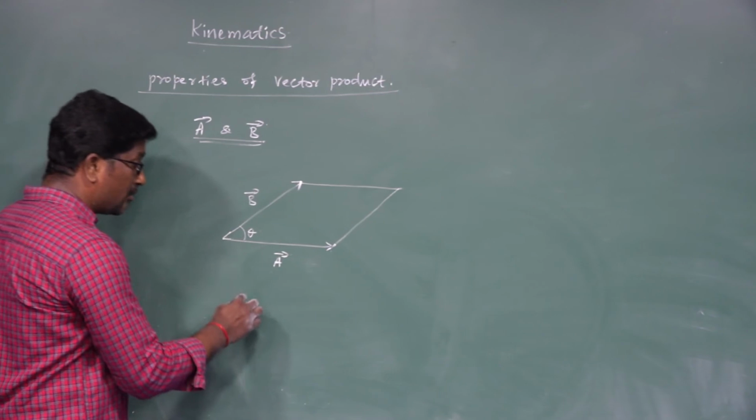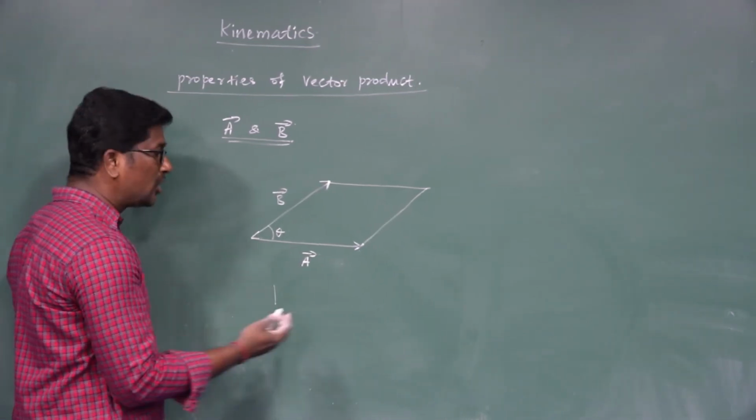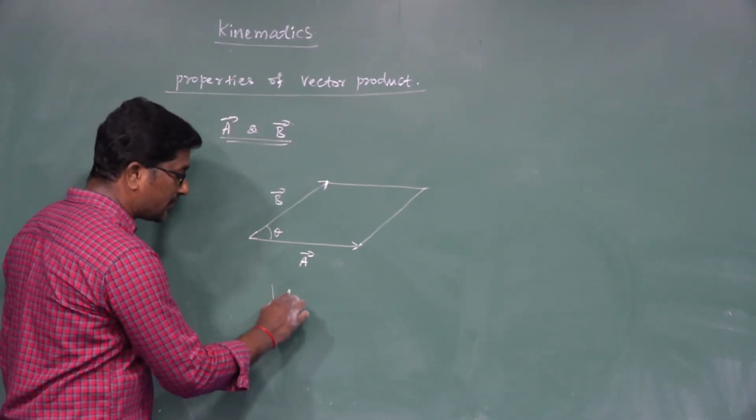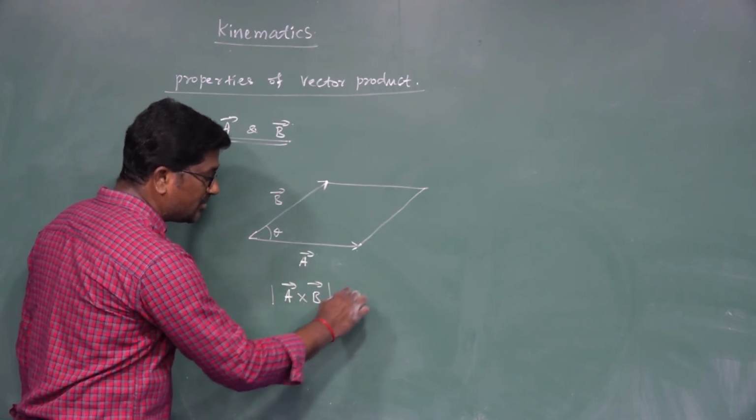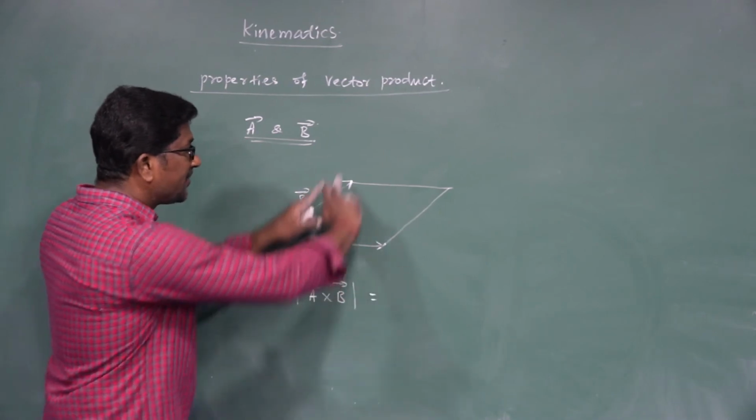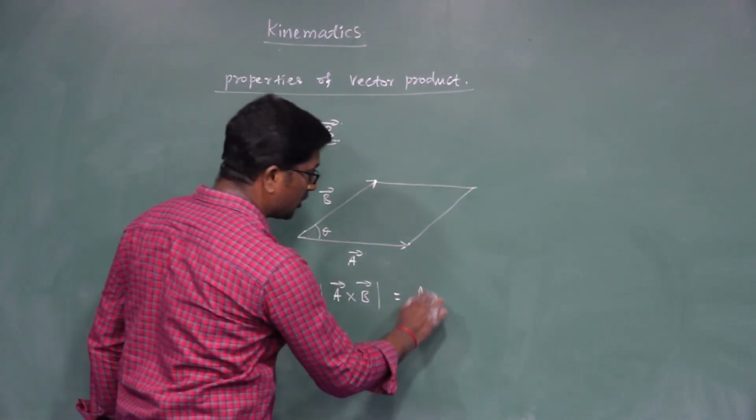Here, the modulus of the cross product of these two vectors, that is A vector and B vector, gives the area of the parallelogram.